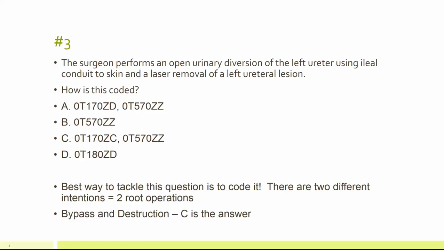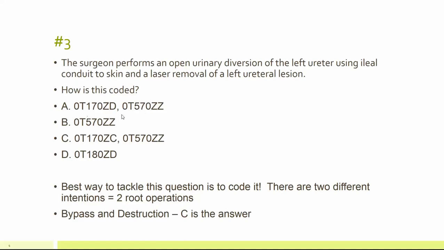So we should code this. You could spend the time and go look at the 0T1 table, which relates to the first option here in A, and then go to the 0T5 table. If you also note, the second code for both A and C is the same. The only difference is this first code. So you definitely want to double check if you're not going to code it straight out, which is typically a faster route, meaning you go through the root operation, you figure out what the root operation are, you go to the alpha index, go through those steps.